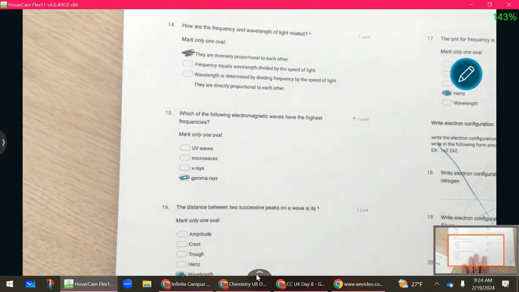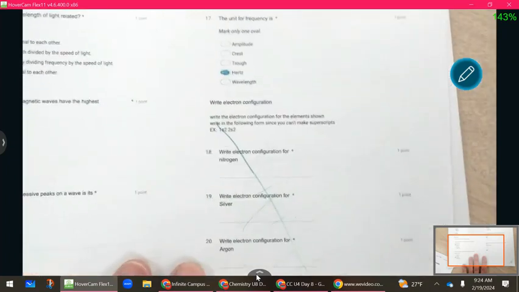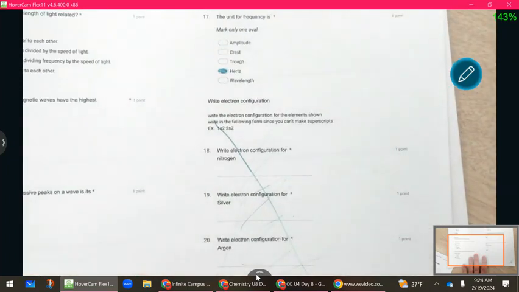Inverse. Wavelength is going down, frequency is going up. Which of these has the highest frequencies? That one. The distance between two successive peaks on a wave is that one. And then the unit for frequency is that one there, ladies and gentlemen.